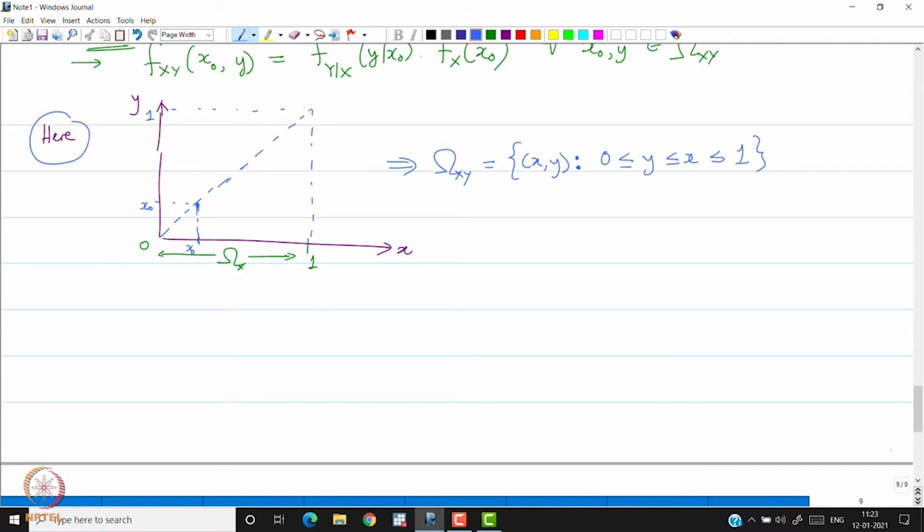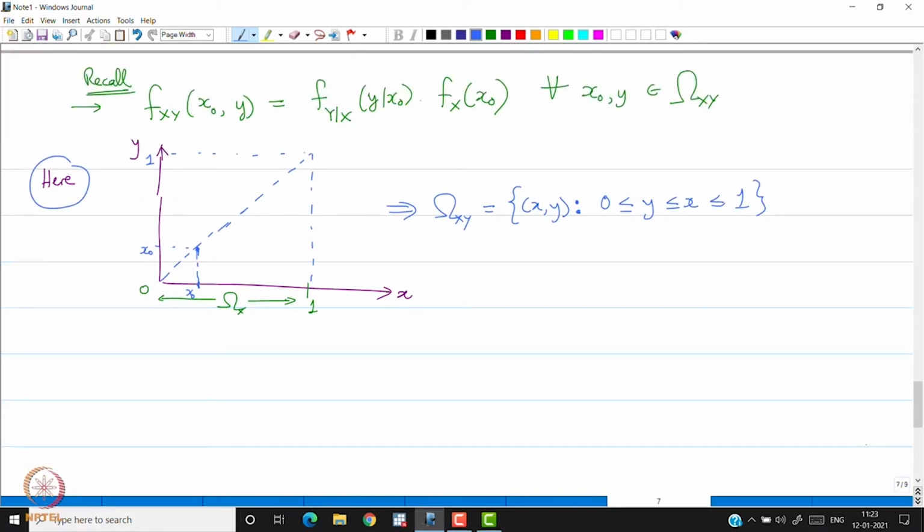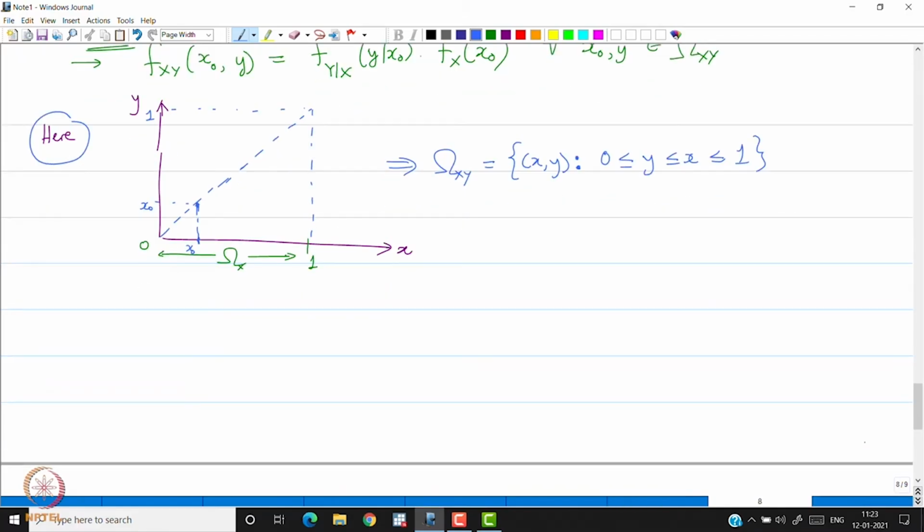Now we have omega xy that we found, so we can easily write out the expression for f xy. We will go back to this and write f xy of x comma y.